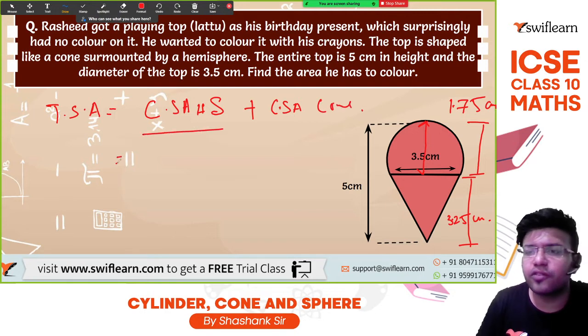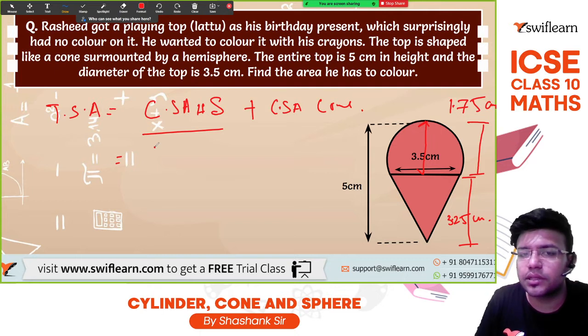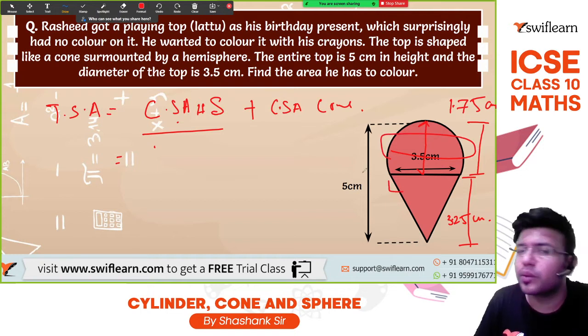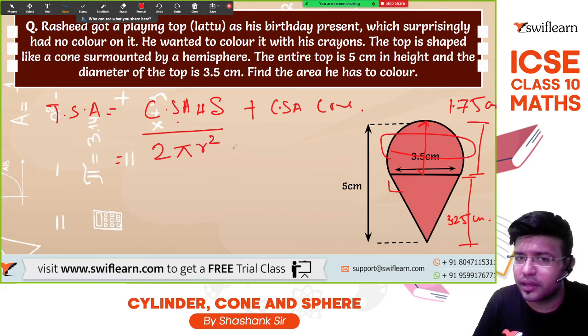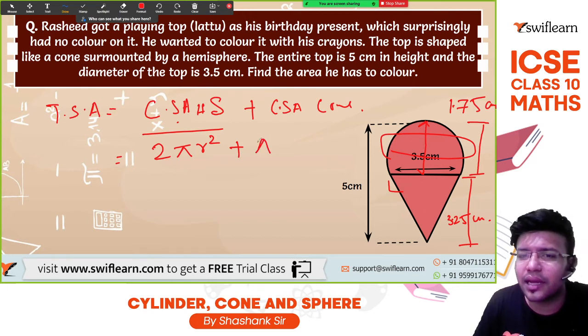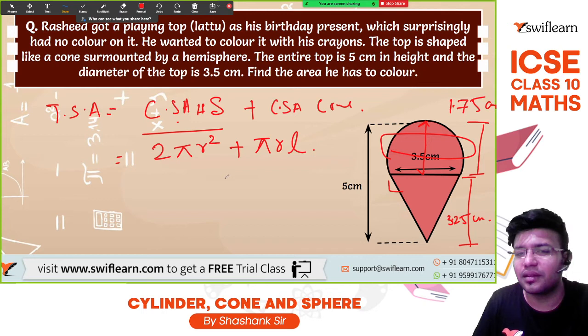Curved surface area means we should not add the top, only the curved surface area. The curved surface area of the hemisphere is 2 pi r square. The curved surface area of the cone is pi r l, where l is the slant height.